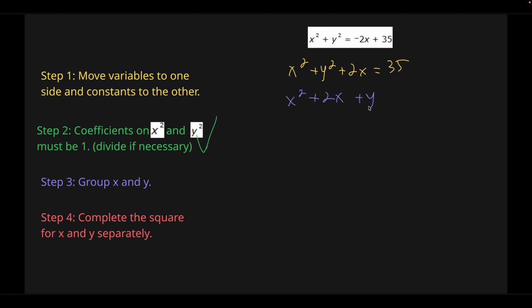And now when you complete the square, something weird happens. For the x's, nothing weird here. This just becomes x plus 1 squared. But for the y's, there's no b term, so it's just y plus 0 squared equals, over here we would have 35 plus 1.